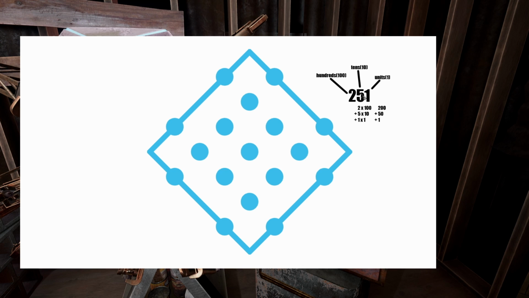If we take the number 251, what that really means is we've got 1 unit, 5 lots of 10s, which is 50 units, and 2 lots of 100s, which is 200 units. We add those together, 200 plus 50 plus 1 is 251 units. That's what our number represents.